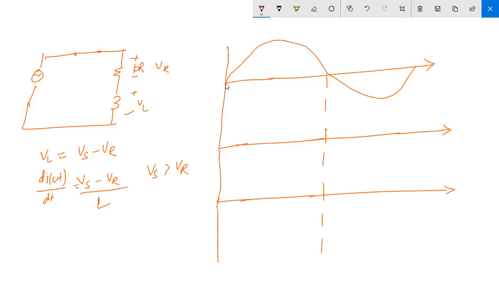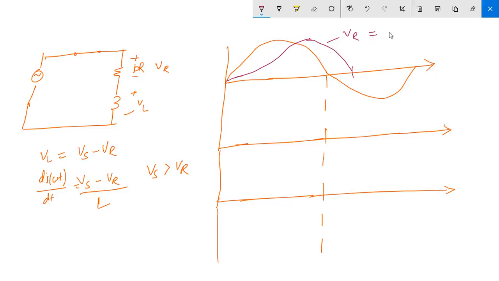So this is the Vr. Now why am I drawing Vr in this shape?